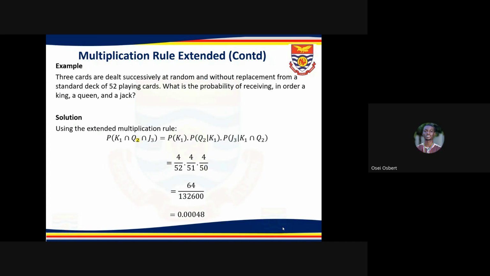Under the second draw, we had the jack to be 3 on 51, and then the king to be 2 on 51. Under it, you didn't bring the jack, but the last one that we did, the jack had 4 on 50, and I don't get it.